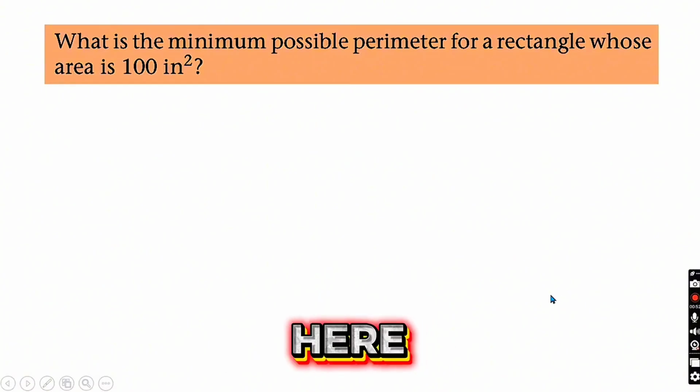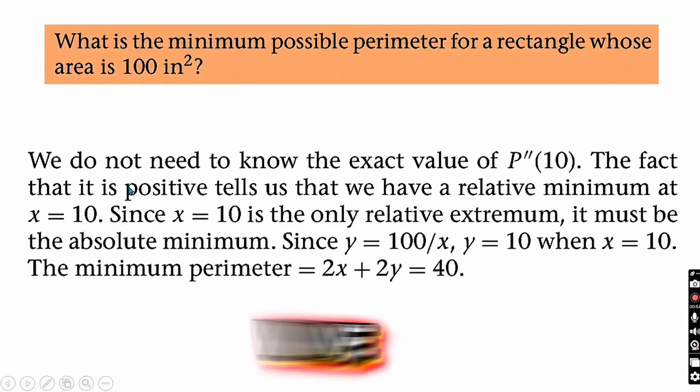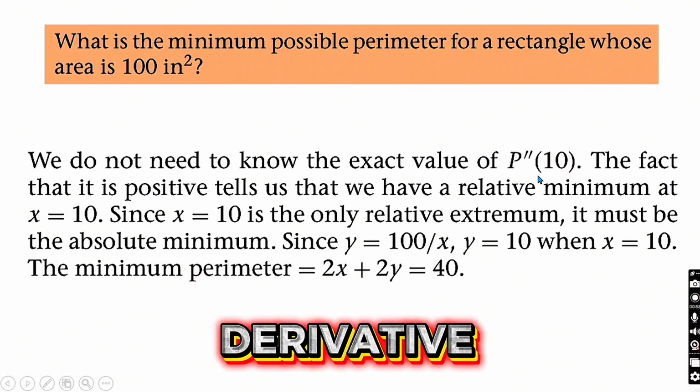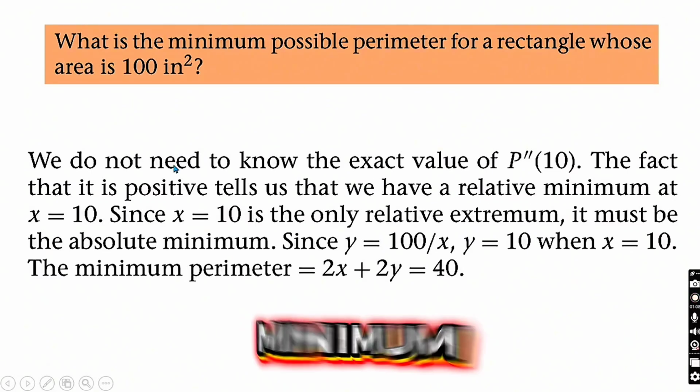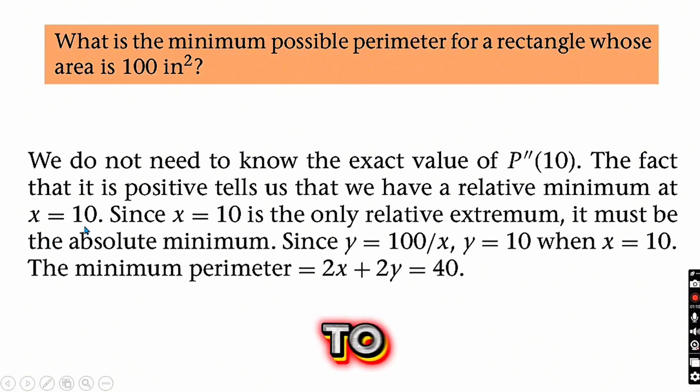From here, we do not need to know the exact value of the second derivative, P double prime of 10. The fact that it is positive tells us that we have a relative minimum at x is equal to 10.